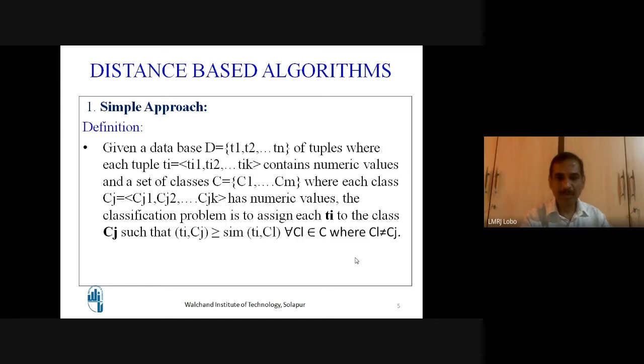The classification problem is now to assign each tuple Ti to the class Cj such that the similarity of Ti to Cj is greater than its similarity to Cl, for all Cl which are elements of C, where Cl and Cj are different. So similar tuples having minimum distance between them, having more similarity values, will be put into a particular class.